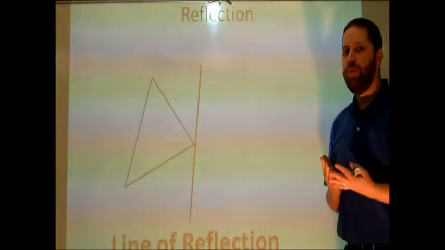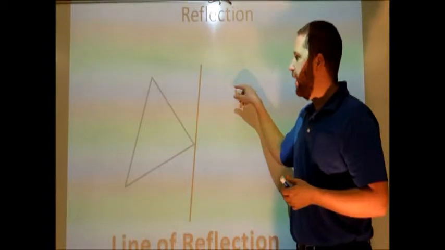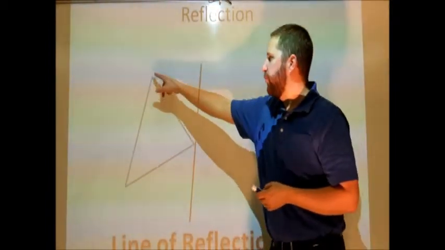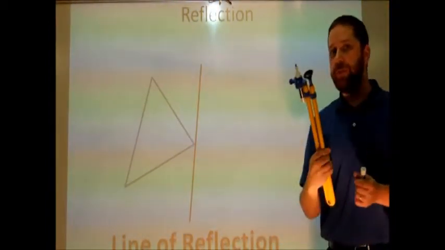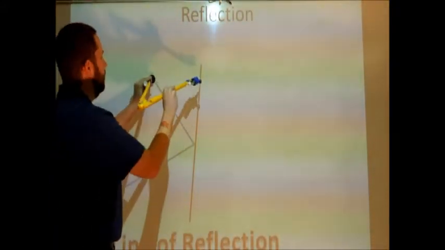Okay, the first thing we need to do is create a perpendicular line going through our line of reflection from each point. So I'm going to use my compass and create a perpendicular line.